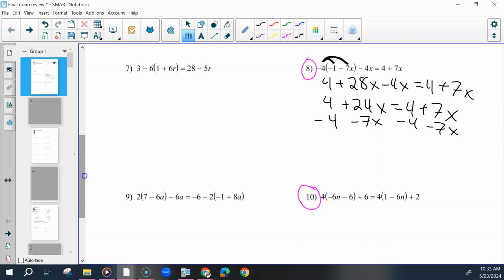So we have 17x equals 0. Divide both sides by 17. Remember that you can always put the number of your solution back in to see does this work.